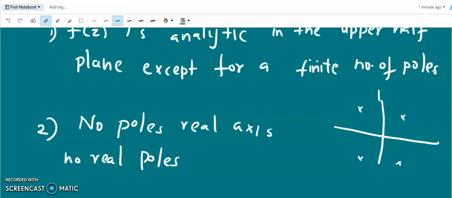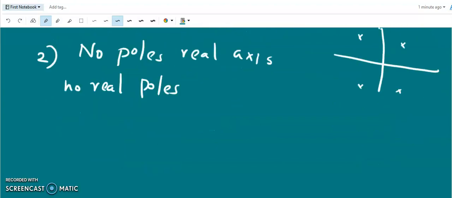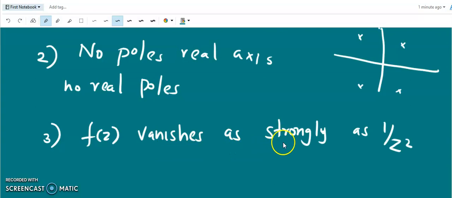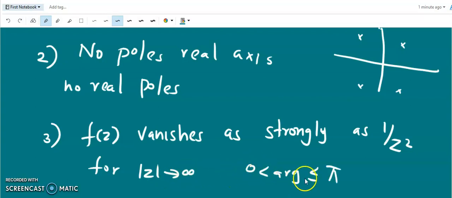And the third condition is f of z vanishes as strongly as 1 over z square. f of z vanishes as strongly as 1 over z square for mod z goes to infinity. So the argument theta here can vary between 0 and pi. For a semicircle, we know that 0 to pi is the theta variation.